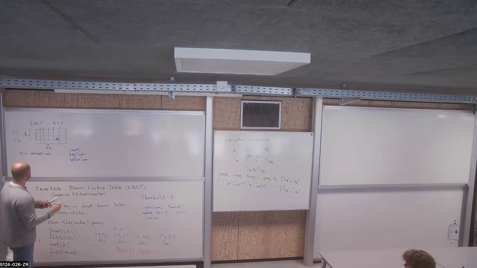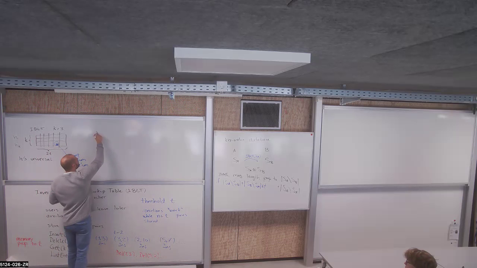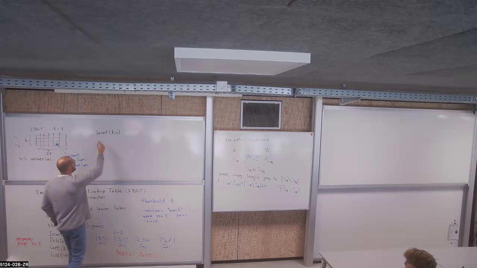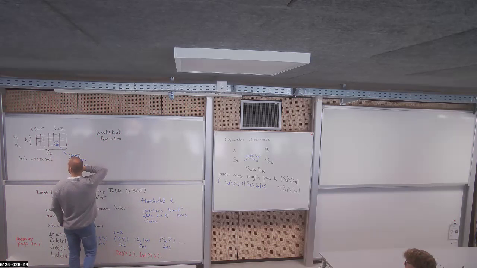So with these, how do we insert and delete? It's quite simple. Let's say we're inserting a key value pair KV. Now this key is called the same as K. That's unfortunate.